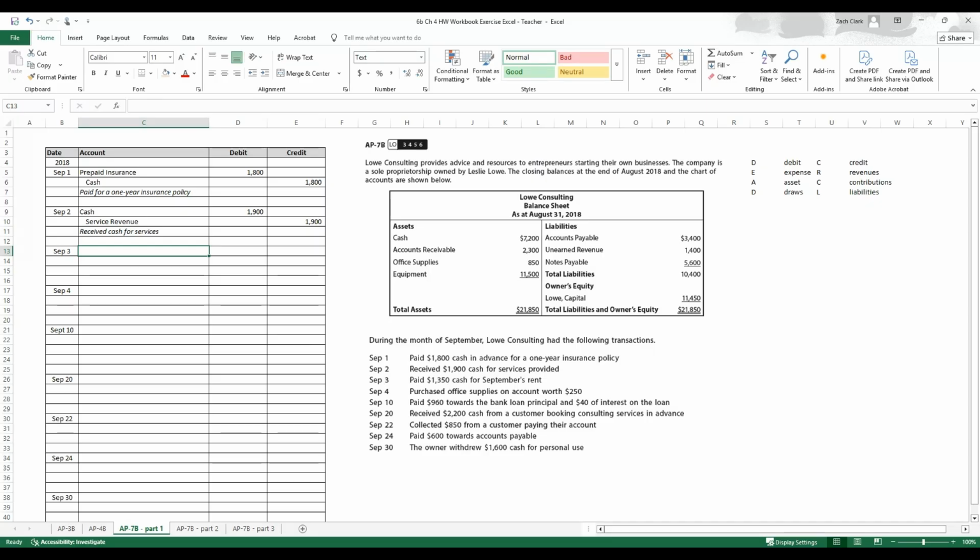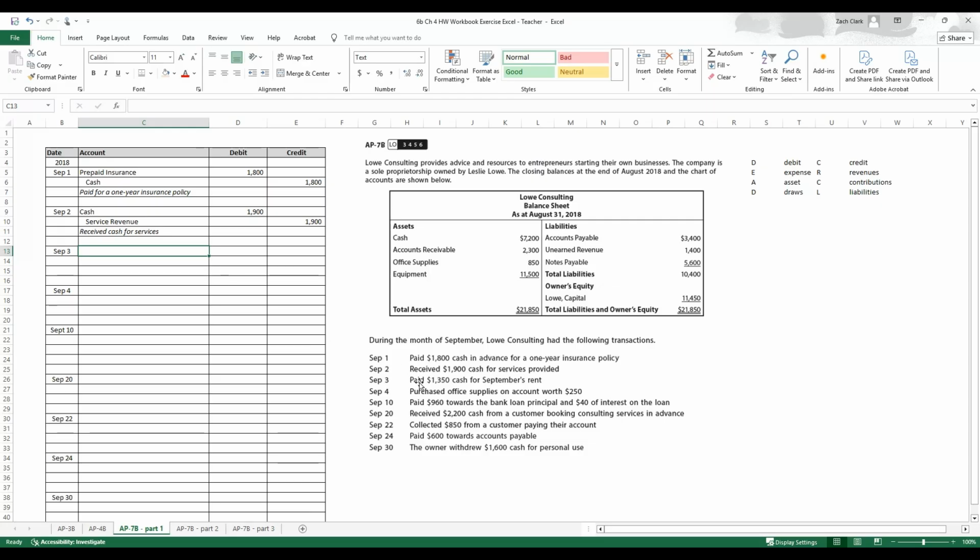Okay, September 3rd, we paid $1,350 of cash for September's rent. So technically we really could record this to prepaid rent, but because it's at the beginning of the month, there's no real benefit to recording a prepaid rent and then having it be expense at the end of the month. Typically, you're only going to record a prepaid expense when it's multiple months. Like here, we've got 12 months, 1 year.